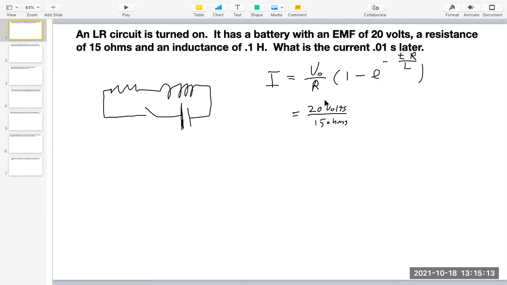This 20 volts divided by 15 ohms gives the long-term behavior of the circuit, where you get 1 1/3 amps at very long times. And I got 1.036 amps.